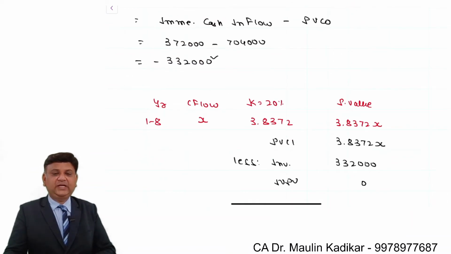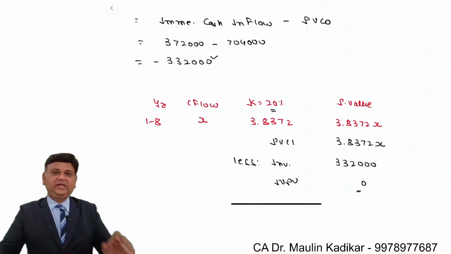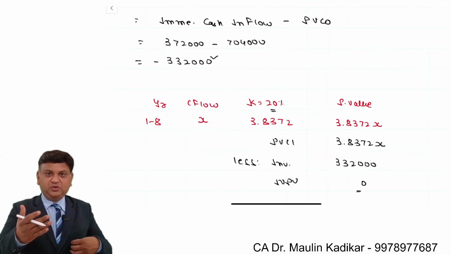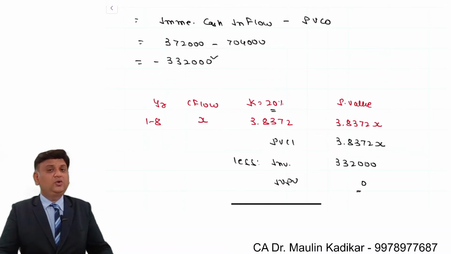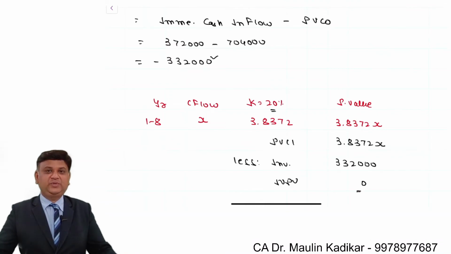We know friends that discounting a cash flow series at a rate, and if at all the NPV 0, it means that the return is equal to the discounting rate at which cash flows are discounted. So accordingly, the X will be calculated as balancing figure. Whatever the answer that we get is the amount of the annual cash inflow which XYZ Limited should be able to get from the business. Only in that case it will be able to get the return at the rate of 20%, and it will be sufficient to cover up the investment of the project.